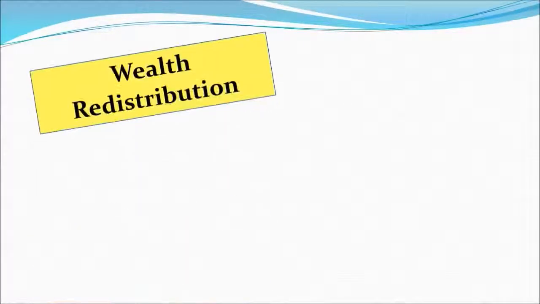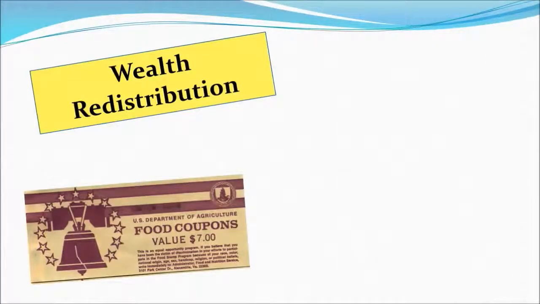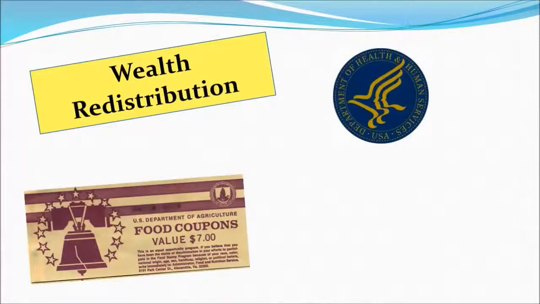The last one is usually the most controversial, and that's wealth redistribution. This is moving money from one person to another, or in some cases, from one time period of a person's life to another. Some examples of this include food stamps, where government provides food assistance for those who need it. It also provides health and welfare programs.